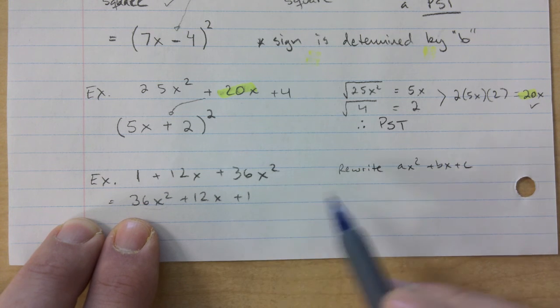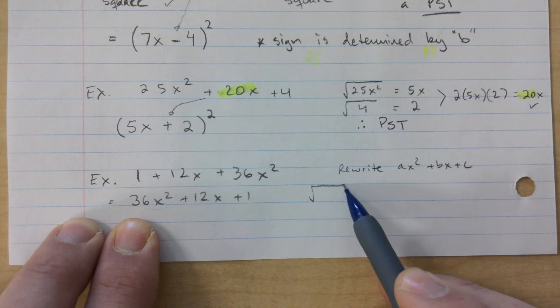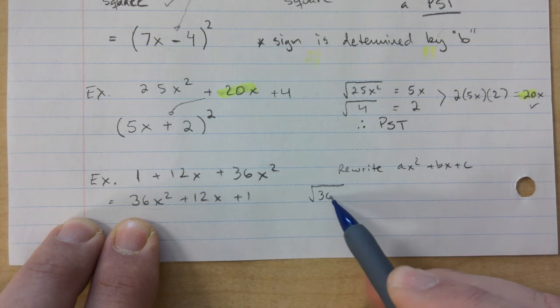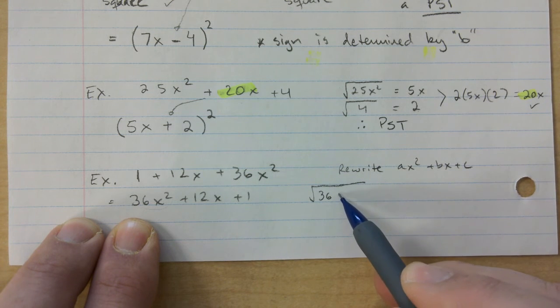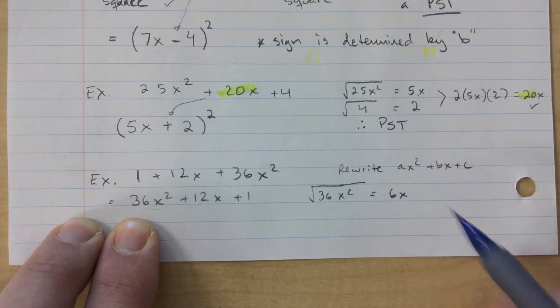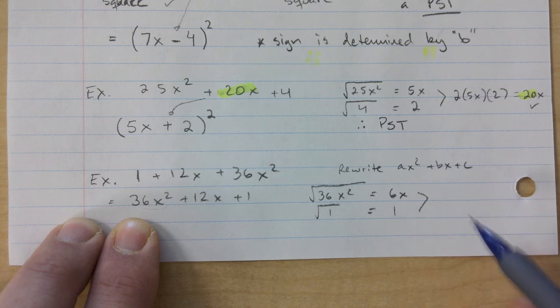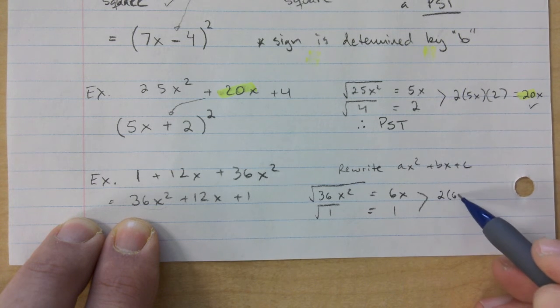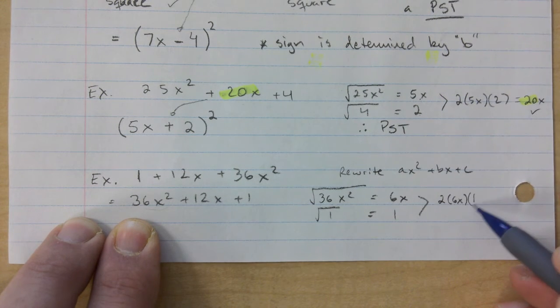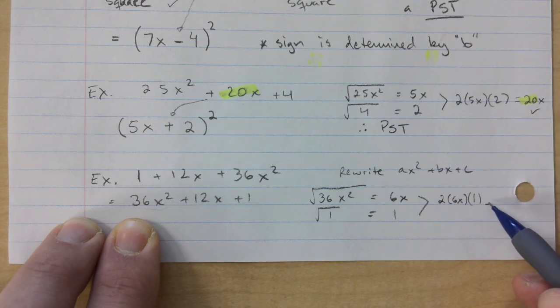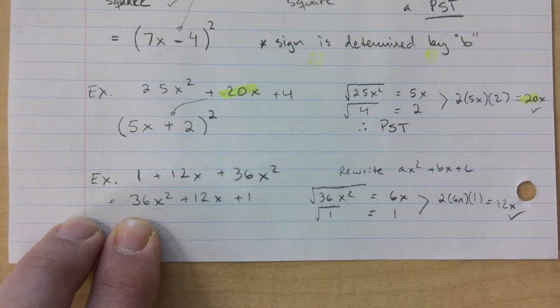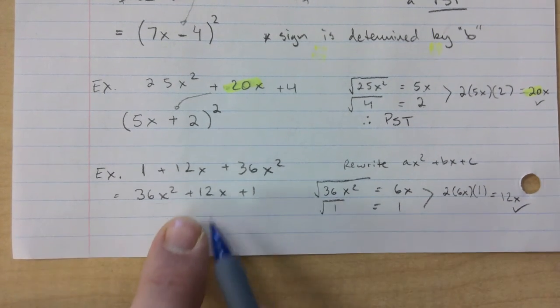1 is a perfect square. So I'm pretty sure this is going to be a PST. That's 6x. Square root of 1 is just 1. We check. 2 times 6x times 1 is going to be 12x, which checks out to the middle.